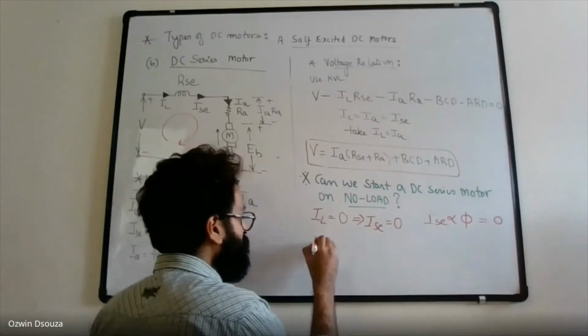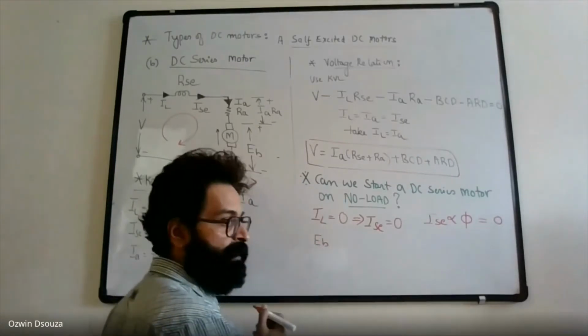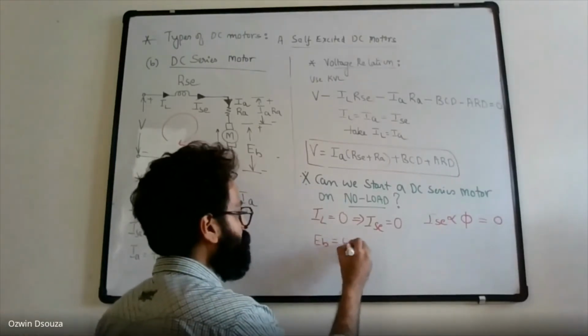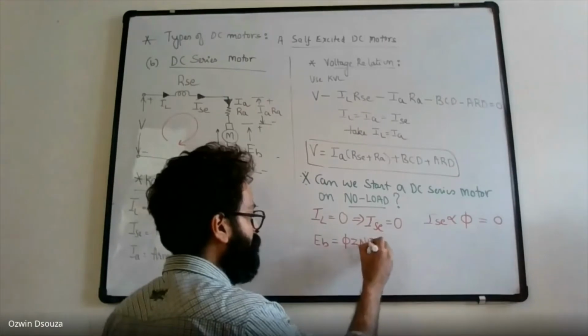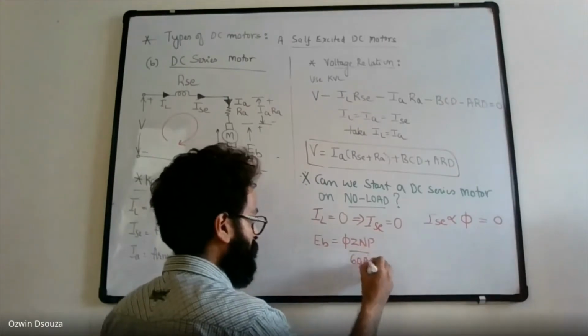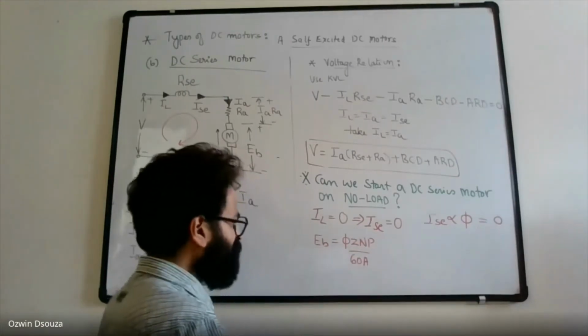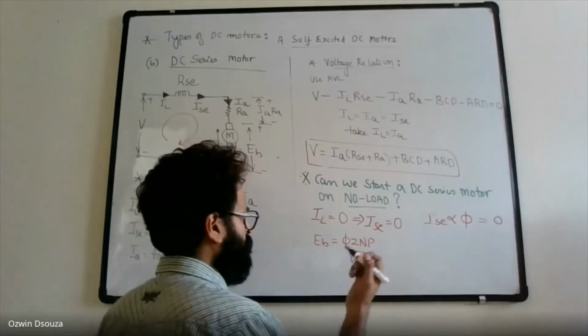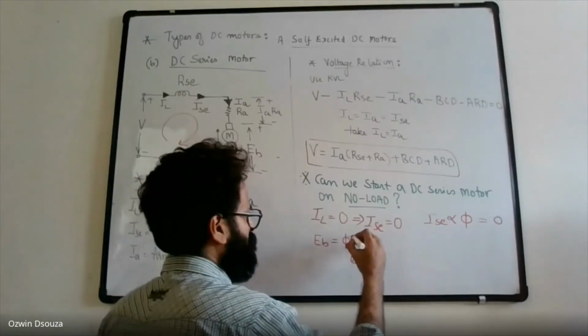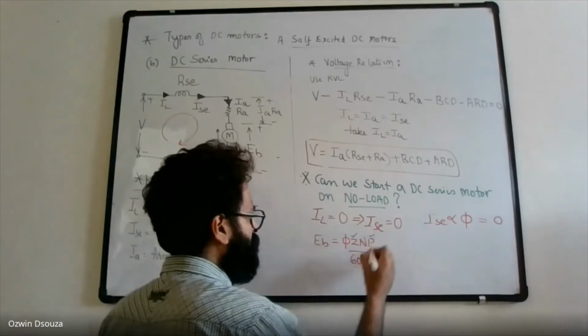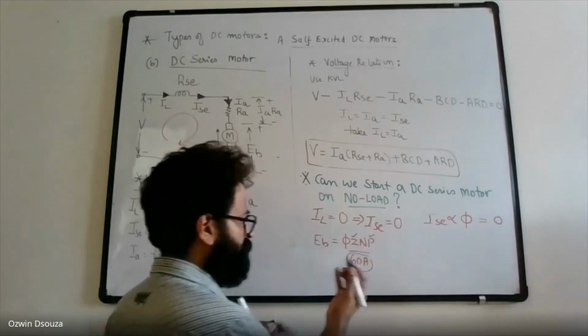Now, you have seen that DC motor back EMF can be given as EB is equal to ΦZNP divided by 60A. All right. Now, this is Z, right? P and A, you can treat them as constant.